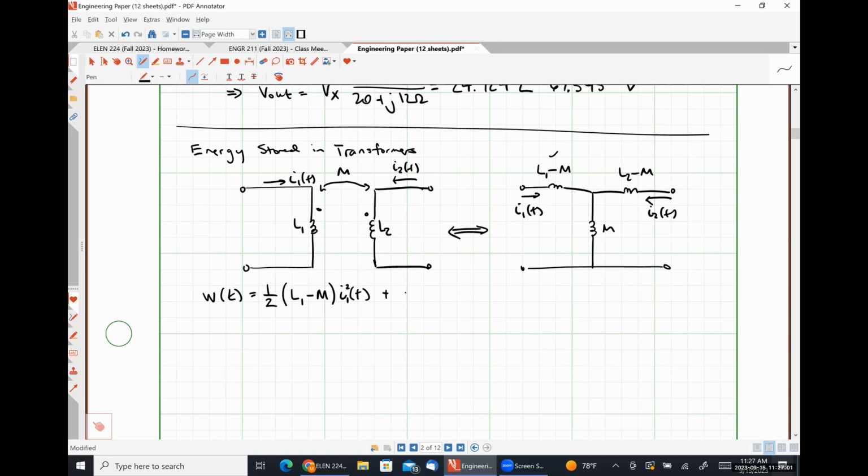Then we're going to have 1/2 times our current I2 of t squared. That's term I1 plus I2, I1 of t plus I2 of t, squared.